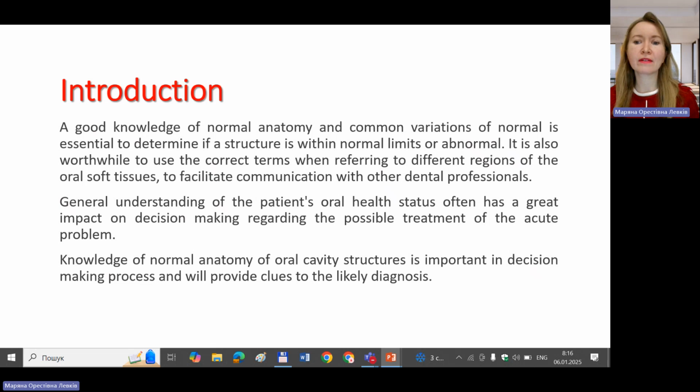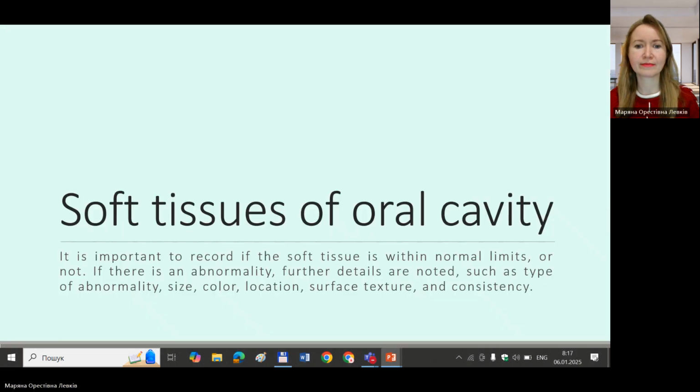General understanding of the patient's oral health status often has a great impact on decision making regarding the possible treatment of the acute problem. Knowledge of normal anatomy of oral cavity structures is important in the decision-making process and will provide clues to the likely diagnosis.